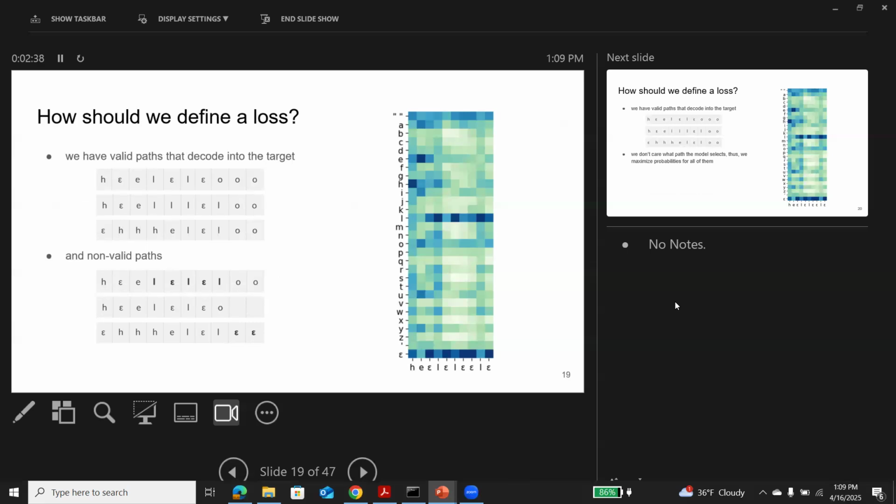So during training, we also have the words, we have the target.